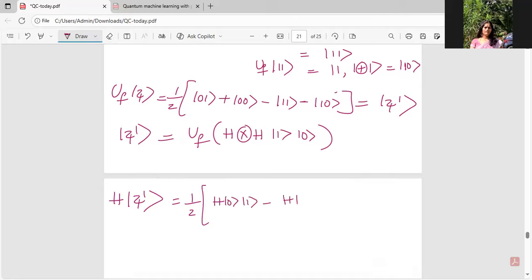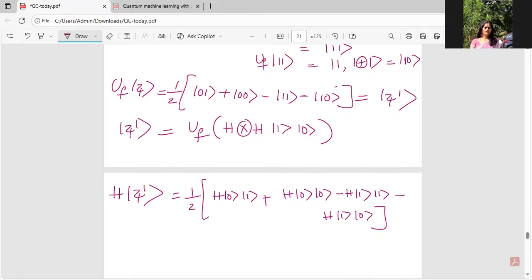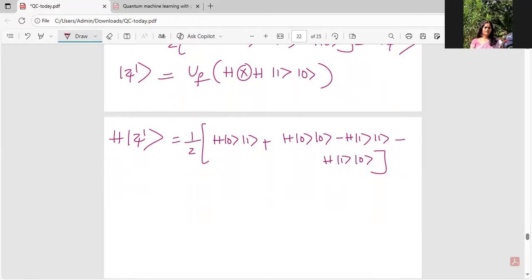Minus H of ket 0. Again, ket 0 is as it is. Minus H of ket 1. No, this is plus. Minus H of ket 1 and ket 0. Okay. And then you know how to apply H of ket 0. What are the values of H of ket 0 and H of ket 1, right? Accordingly, you will write the answers.